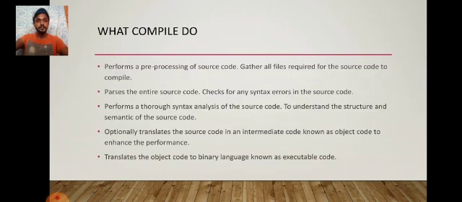So what does a compiler do? It performs preprocessing of source code, gathers all files required for the source code to compile, processes the entire source code, checks for any syntax errors in the source code, and performs a thorough syntax analysis of the source code to understand the structure and semantics of the source code.